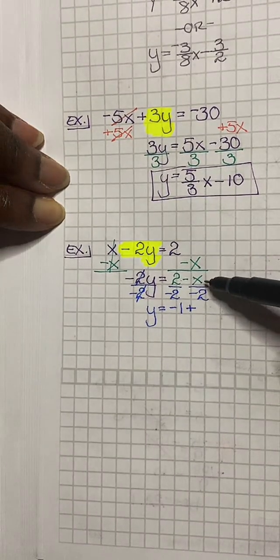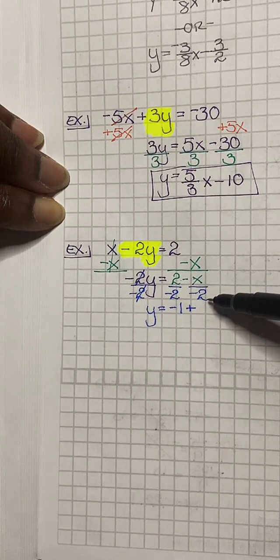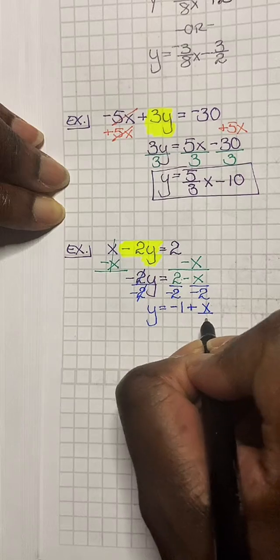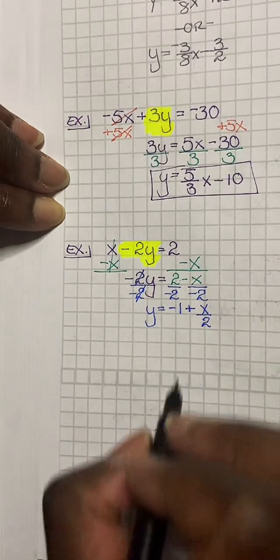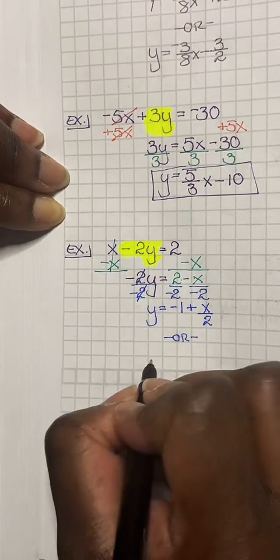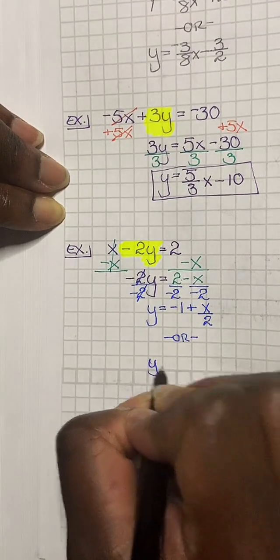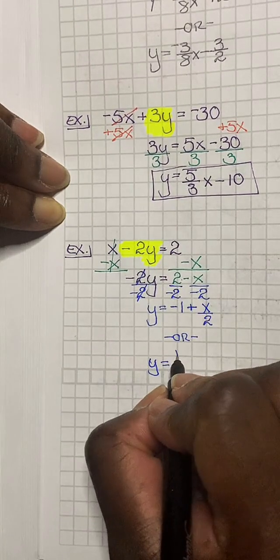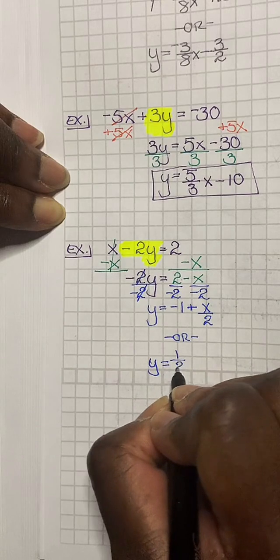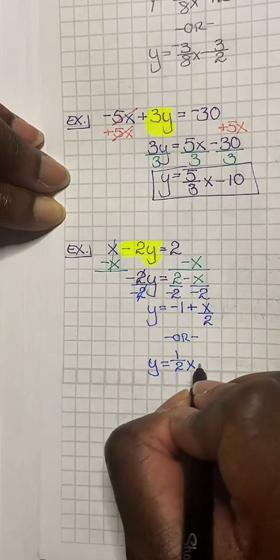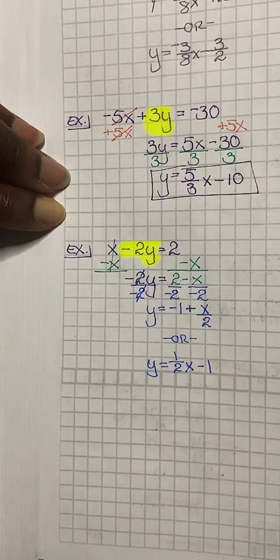And you're probably saying, what's this x over 2 then, Audrey? Well, x over 2 can also be written in our slope-intercept form. y equals x over 2 is the same as saying 1/2 of 2, minus the 1.